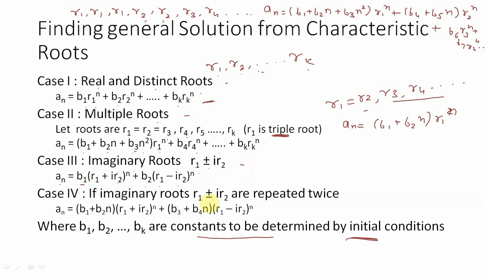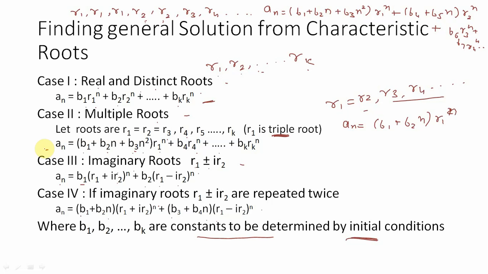Then if the imaginary roots are repeated twice, they may be repeated thrice or 4 or 5 times, but for simplicity I am taking just multiplicity 2. So I'll have (B1 plus B2n)(R1 plus iR2) to the power n plus (B3 plus B4n)(R1 minus iR2) to the power n. See, this is quite similar to what I'm doing over here. And if we get roots which are a mixture of these, I'll have a mixture of the above particular cases.